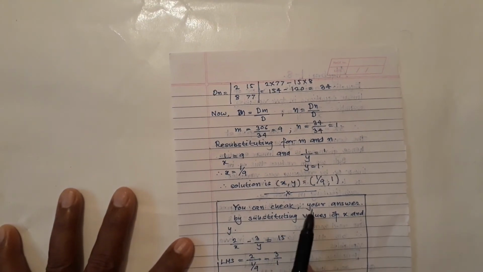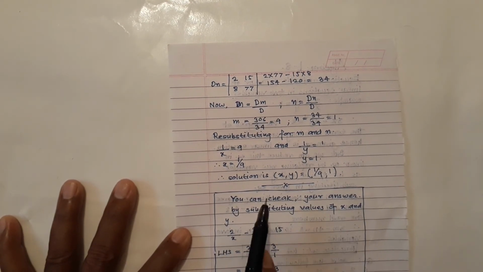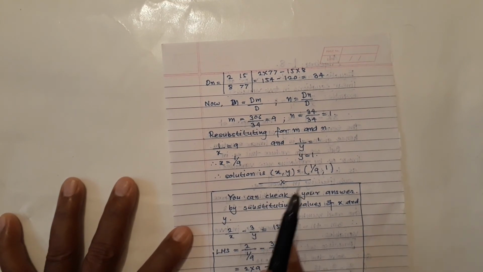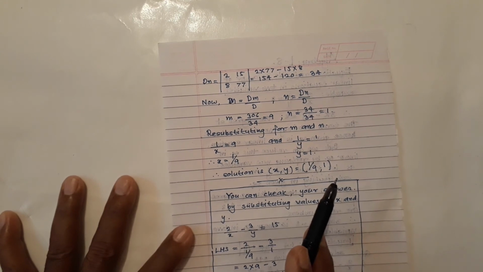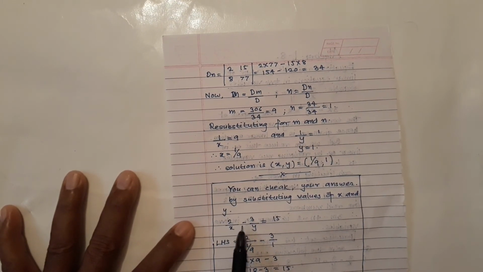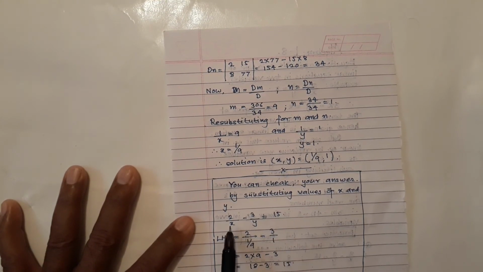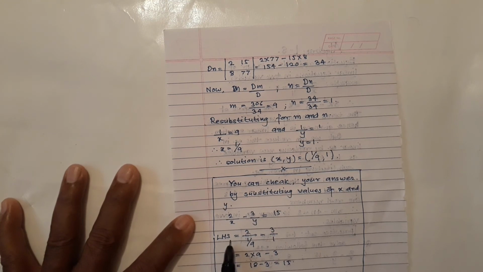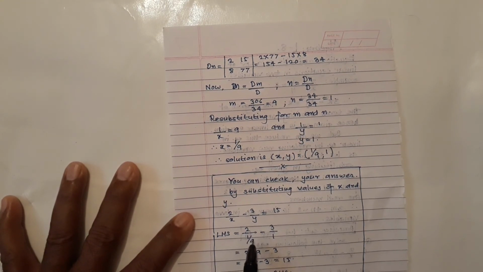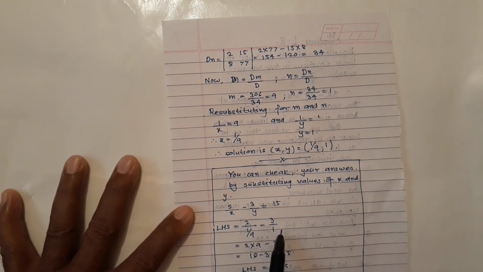Now you can check your answer by substituting the values of x and y in any one given equation. So I take the first equation, 2 upon x minus 3 upon y is equal to 15. So I substitute for x and y. Left hand side is equal to 2 upon 1 upon 9 minus 3 upon 1.